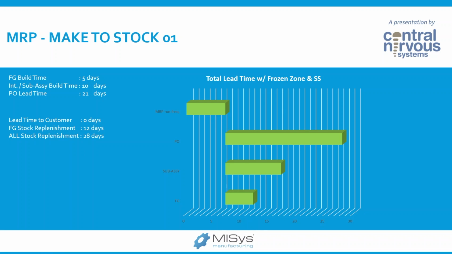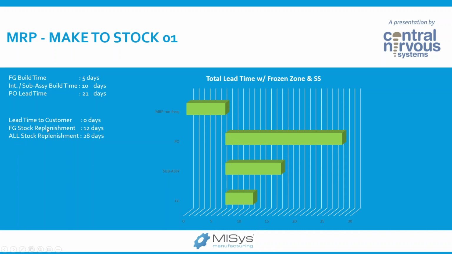And that's where we're trying to meet our demand as a make to stock company. And it's going to try to replenish that by creating finished good manufacturing orders. And then because some of those sub-assemblies will be used, it's going to try to replenish that. And same thing for raw materials, but they will all start on the same day.